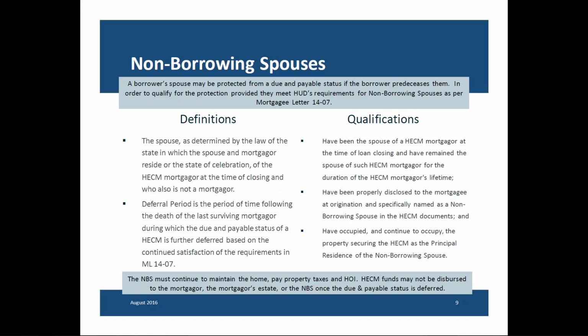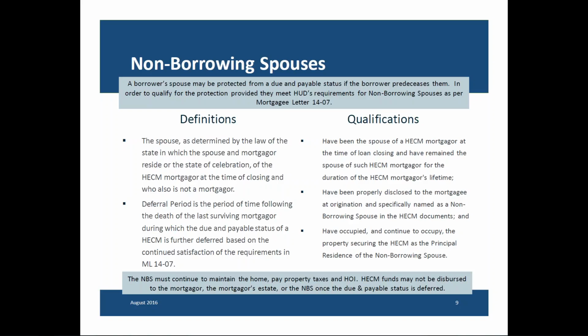The qualifications: they have been the spouse of the mortgagor at the time of loan closing and have remained the spouse of such HECM mortgagor for the duration of the HECM mortgage's lifetime. They have been properly disclosed to the mortgagee at origination and specifically named as a non-borrowing spouse in the HECM documents, and have occupied and continue to occupy the property securing the HECM as a principal residence of the non-borrowing spouse.